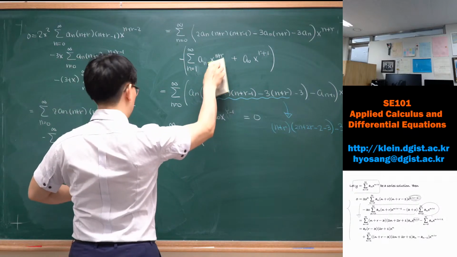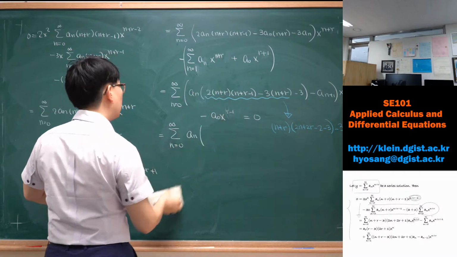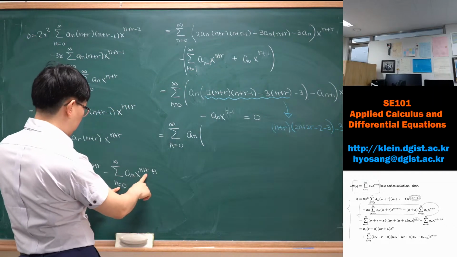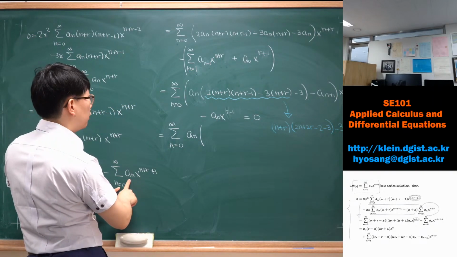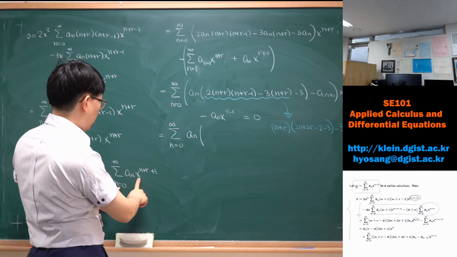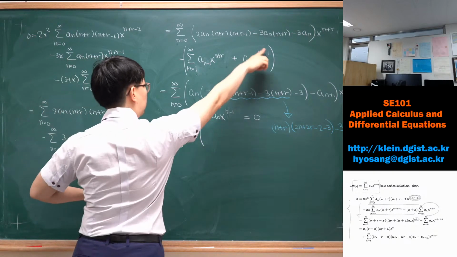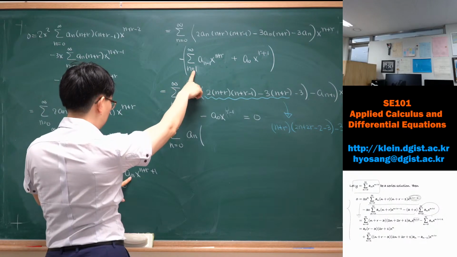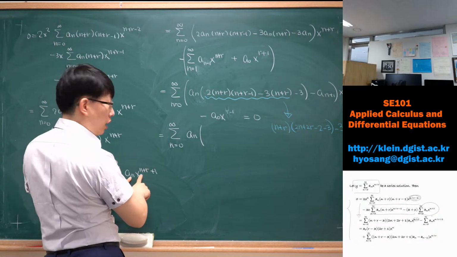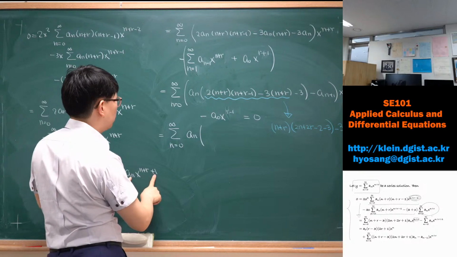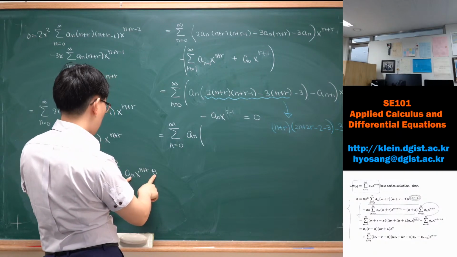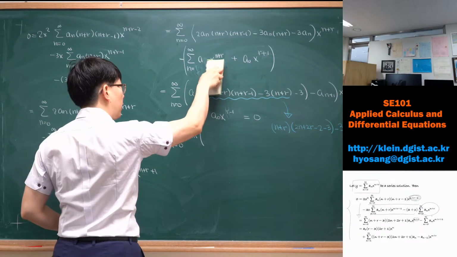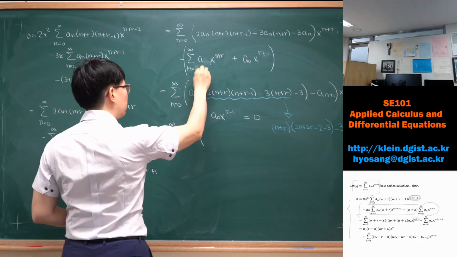So this is n minus 1. So when n equals 0, the term is a0 times x to the r plus 1. So this is the term when n equals 0. So when n is 1, this is a1 times x to the r plus 2, right? But in that case, let me go back to the original definition here.